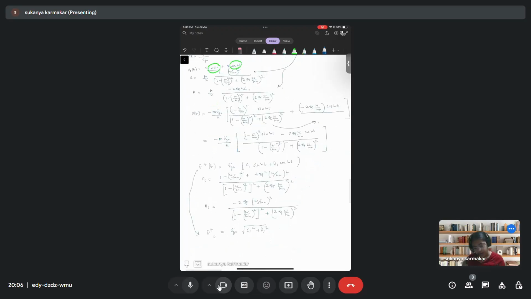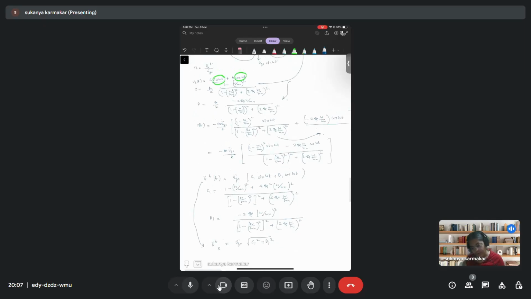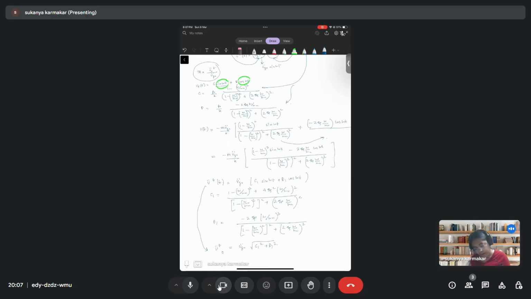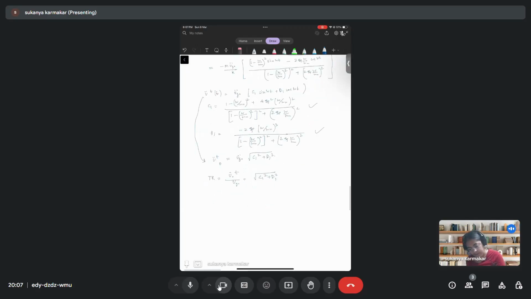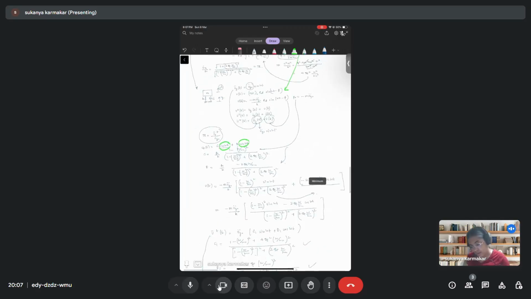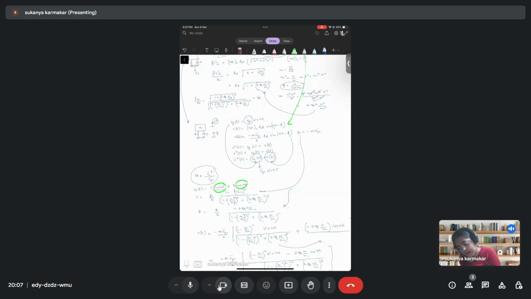If you substitute c1 square and d1 square, and if you calculate this ratio, this transmissibility ratio, where TR is equal to U naught double dot by U ground double dot, which is simply C1 square plus D1 square under root, and if you substitute it with C1 and D1, it will be equal to 1 plus 2 zeta omega by omega n whole square by 1 minus omega by omega n square of that plus 2 zeta omega by omega n whole square under root of that, which is same as this expression which we had obtained earlier.